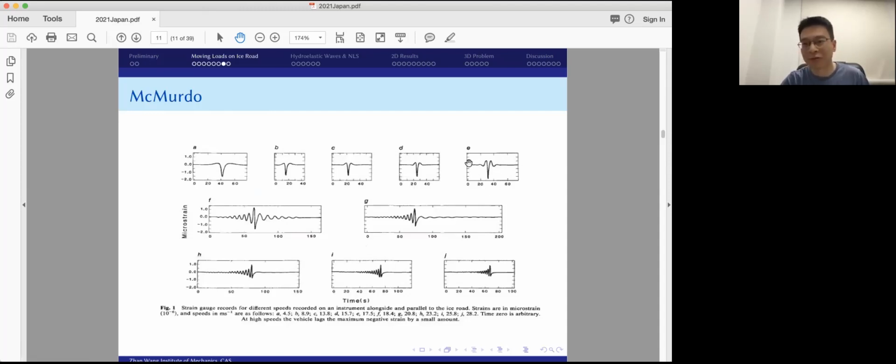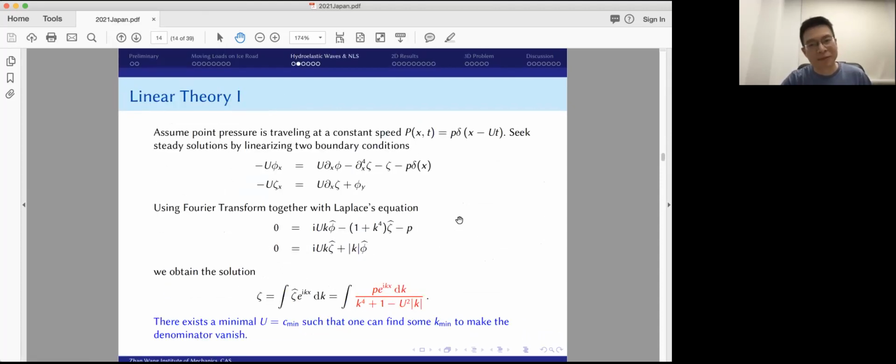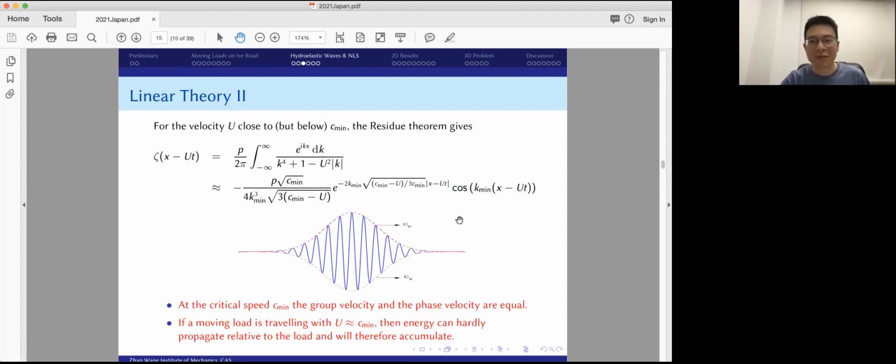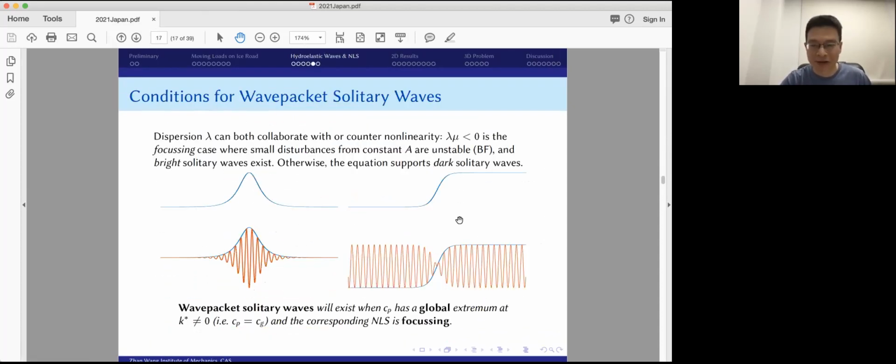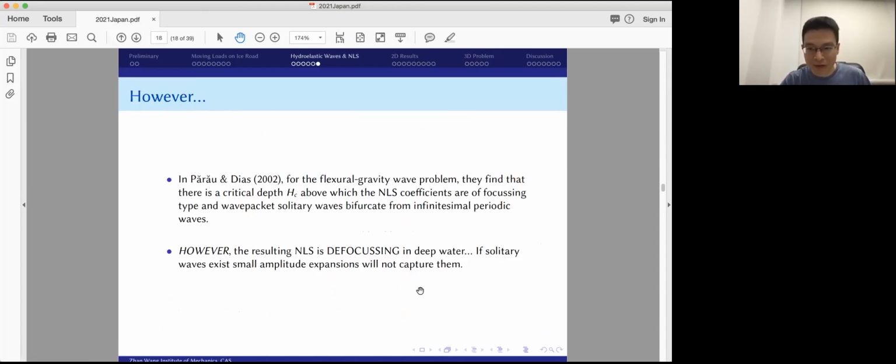They observe these kinds of solutions in the experiment, but the weakly nonlinear theory doesn't apply to this experiment. So we have to go back to the primitive equations, to the fully nonlinear system, to see whether we can find these solutions or not.